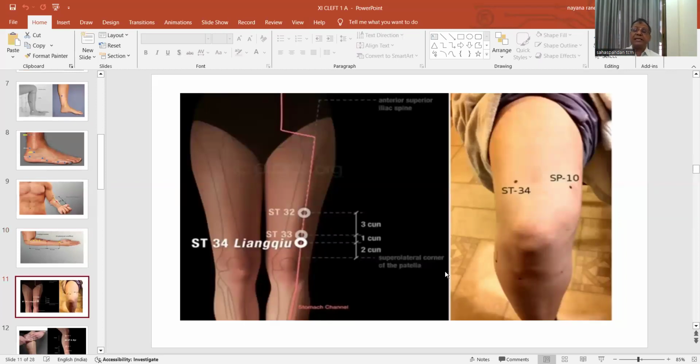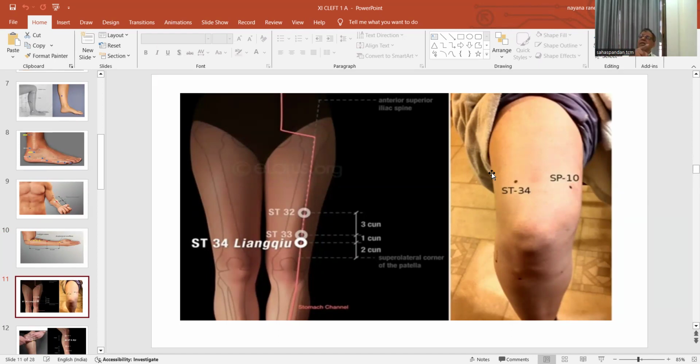Then ST34, stomach 34. Stomach 34 is unique among the Xi-cleft points of the 12 meridians in being located proximal to the knee.